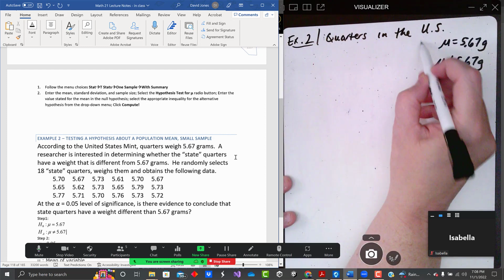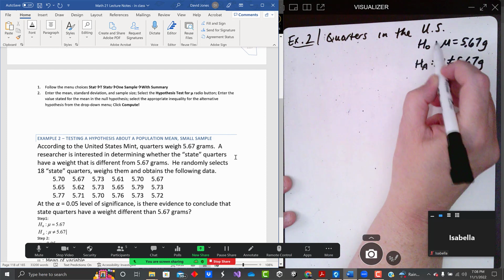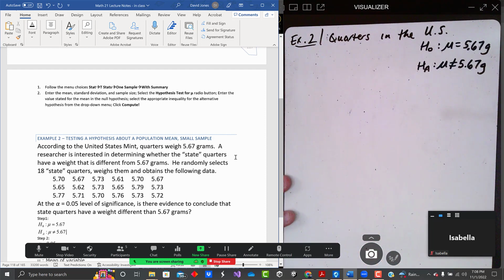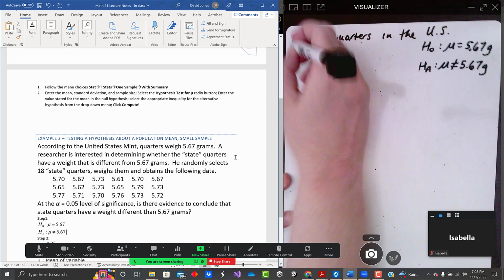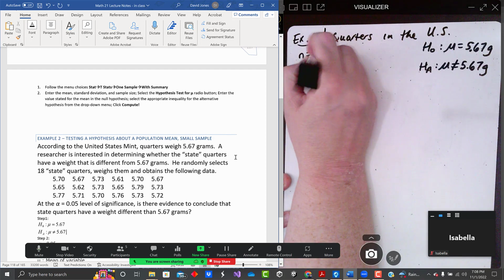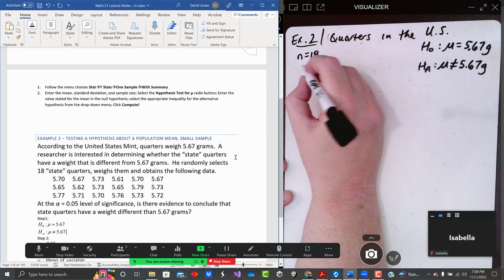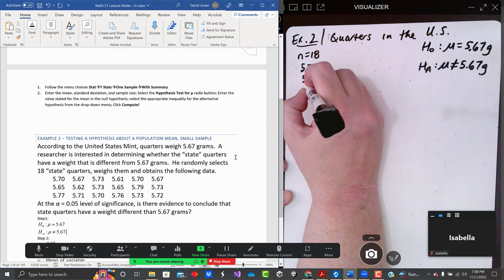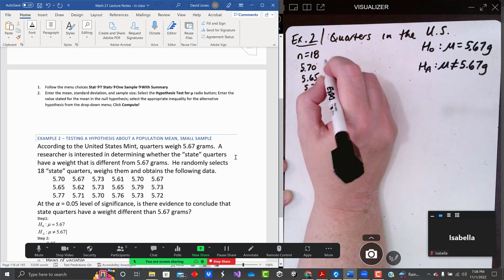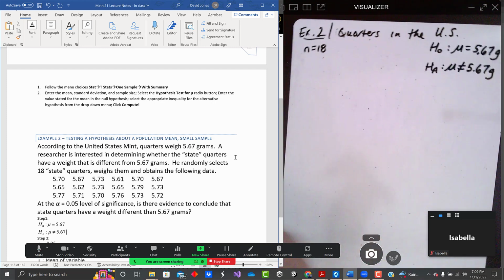That sounds like we've got H naught and HA already. He randomly selects 18 state quarters, so n equals 18, with the following data. I don't want to write it down, all 18.